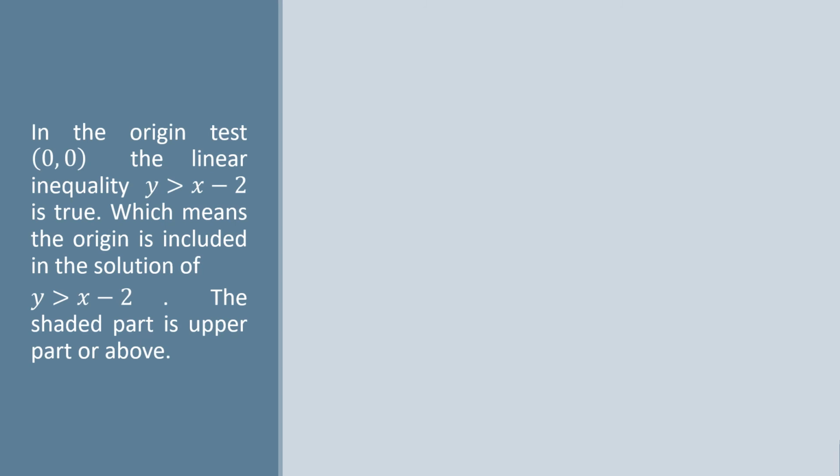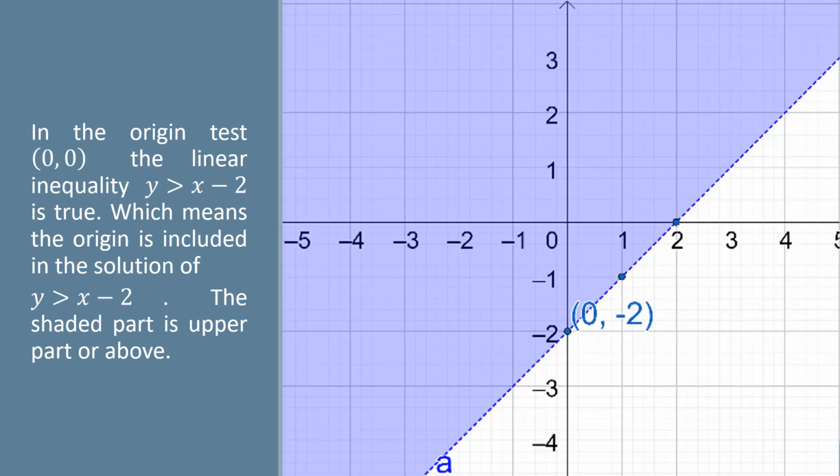In the origin test (0, 0), the linear inequality y greater than x minus 2 is true, which means the origin is included in the solution of y greater than x minus 2. The shaded part is the upper part or the above part of the broken line.